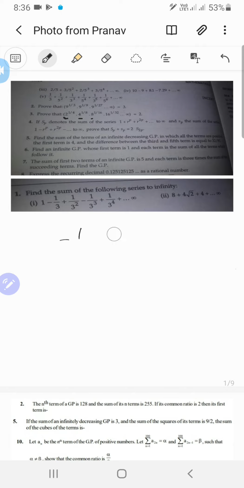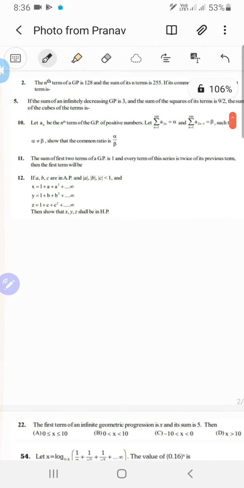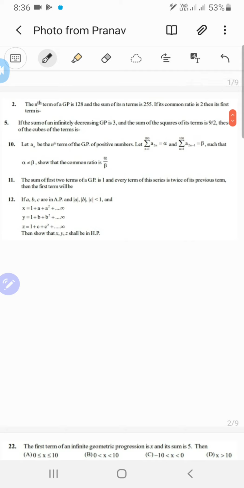Erase everything first. Yeah, even if we didn't erase it, it was okay. Okay, the nth term of a GP is 128 and the sum of its n terms is 255. Its common ratio is 2 and the first term is... okay, that's nice. So the nth term, which is going to be ar to the n minus 1 power, that's 128. The sum of its first n terms is 255.